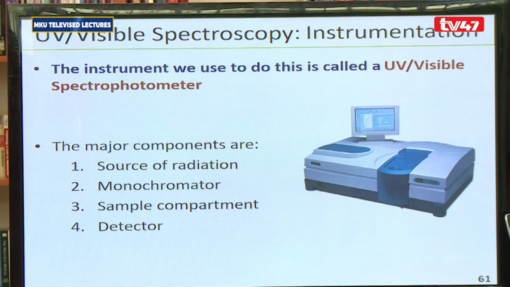We have the sample compartment where you put your solution in a cuvette. You put it in here. And then you have the detector, and the detector is going to detect, or in other words, it's the eye of the instrument that will be able to look and see what has been absorbed out of what has been transmitted. And then, of course, you need a computer readout for you to be able to visualize the spectrum.